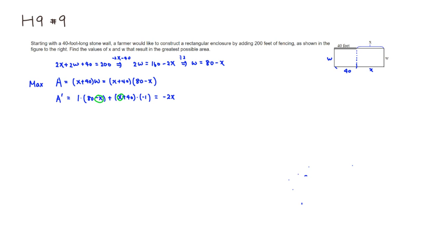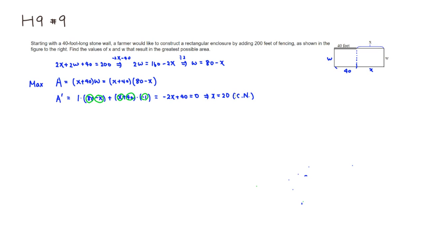Then there's 80 here and a minus 40, so it's plus 40. Set that equal to 0 to find a critical number, and you can see that X is going to be 20. So the critical number is 20.